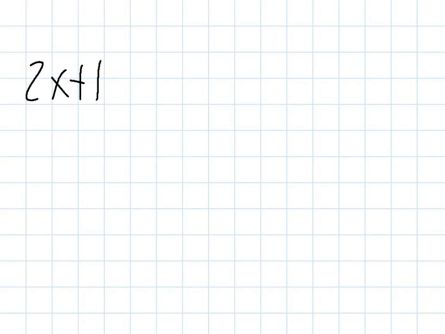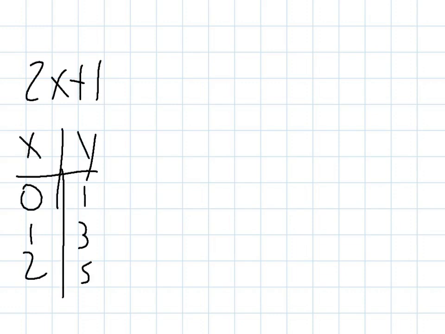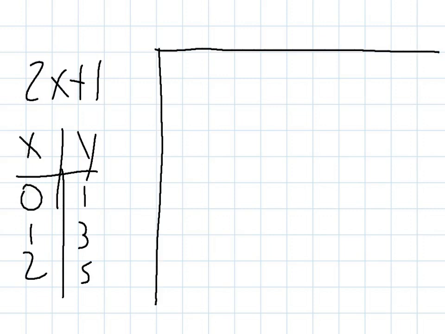2x plus 1, x, y, 0, 1, 2, 1, 3, 5, right? So when I counted on my paper, I know that my biggest number going up and down for what I'm going to graph is going to be 5. So I just want to count 5 lines down and start.